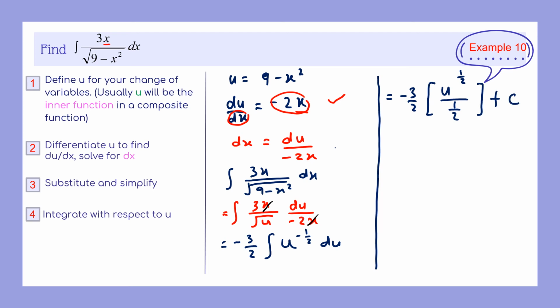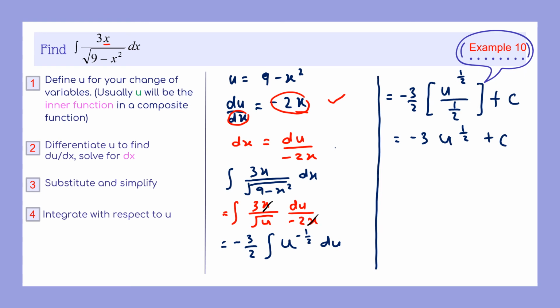And then we simplify negative 3 over 2 over 1 over 2. We get negative 3. So negative 3 u power 1 over 2 plus c.